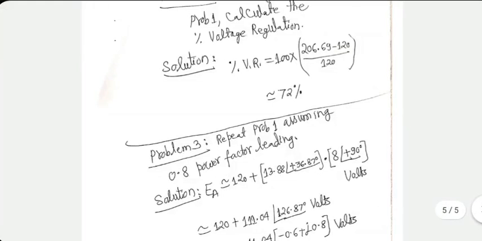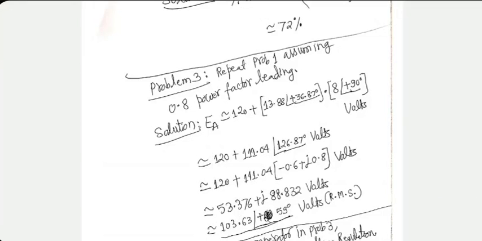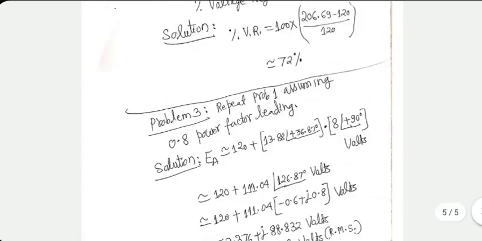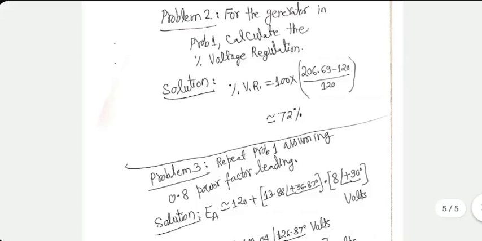Then the last problem for today is repeat problem 1, assuming leading power factor. So what will happen is you will repeat the calculations in the same manner, but now the phase angle, or rather whatever you want to call load angle or power angle, instead of being minus 36.87 degrees, it will now become plus 36.87.